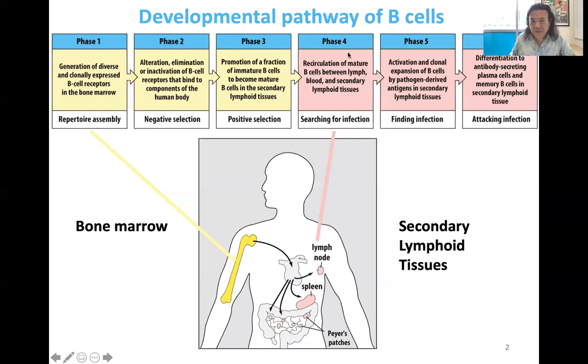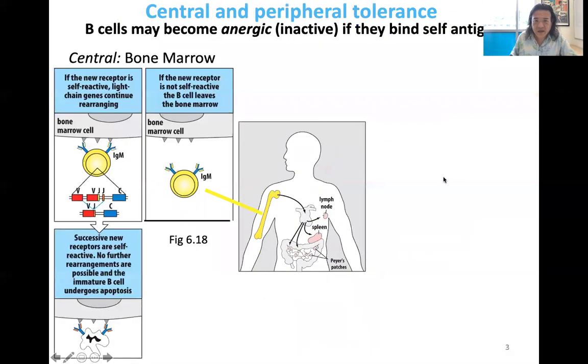All of that takes place in the bone marrow. And today we'll finish talking about that selection process and look at what happens as the B cells then shift to places where they go to work. In other words, secondary lymphoid tissues, places like the lymph nodes, spleen, and specialized tissues around our intestines, the Peyer's patches.